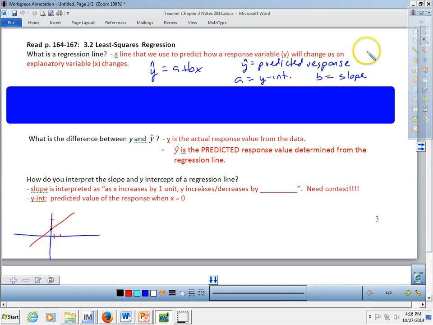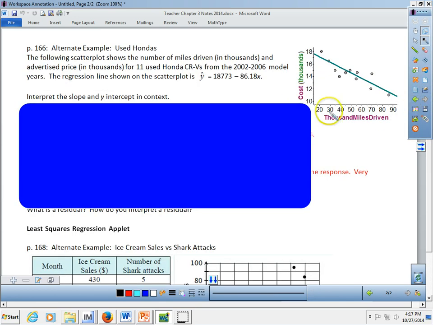So let's continue on here and get to our first example. And this is Honda CR-Vs. Let's imagine you're shopping for a Honda CR-V, a little mini SUV there. This scatter plot shows the number of miles driven and the advertised price for 11 used Honda CR-Vs from 2002 to 2006 model years.